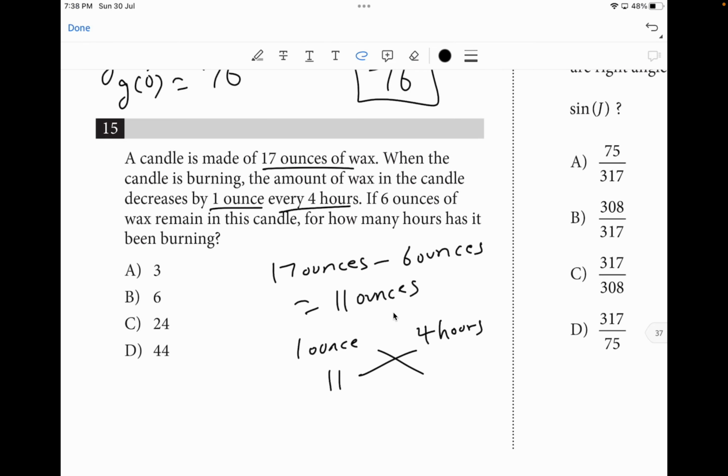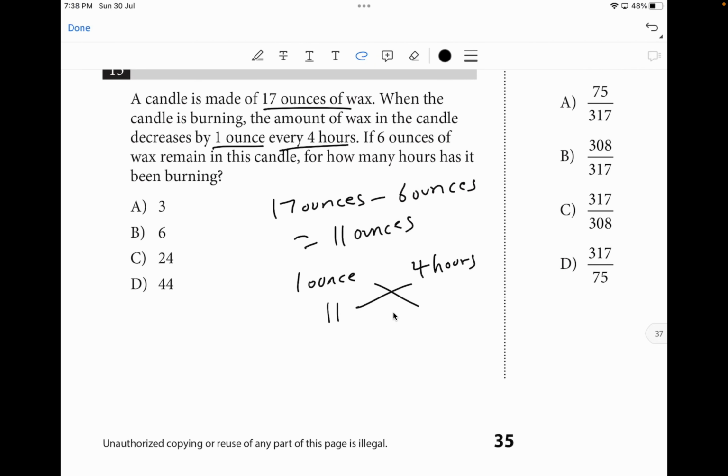So the ratio is going to be 1 to 4, which is equivalent to 11 by H. Actually, we don't need to use this ratio form. Since we know the number of ounces is supposed to be 11 ounces, this is the correct way of solving it. We're going to cross multiply, so 11 times 4 is going to give you 44 hours, okay? So option D is going to be your correct answer in this case.